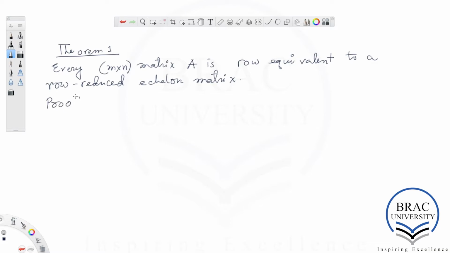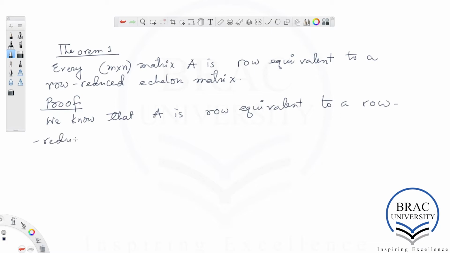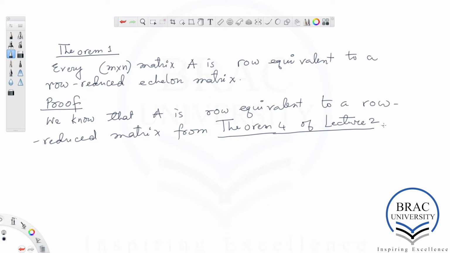Okay, let us go over the proof. We know that this m times n matrix A is row equivalent to a row reduced matrix by theorem 4 of lecture 2, like I said before.